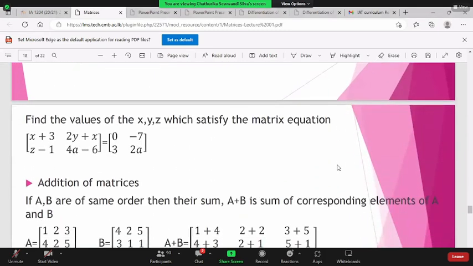So with the knowledge of the equality of two matrices, you can find the value of x, y, and a. Tell me what is x, what is y, and what is a? X is -3. Then what is y? What is a?